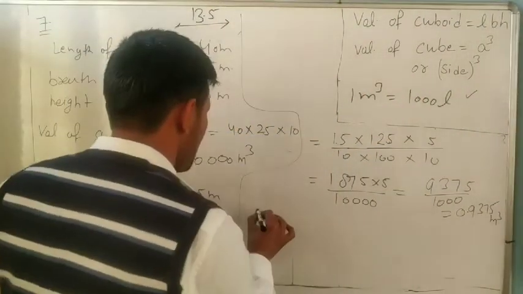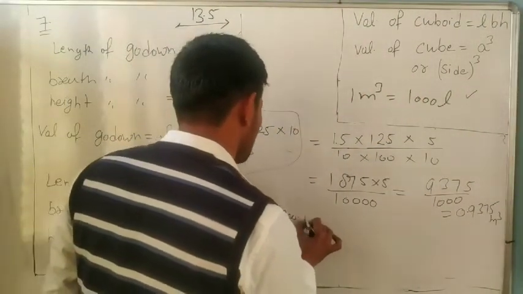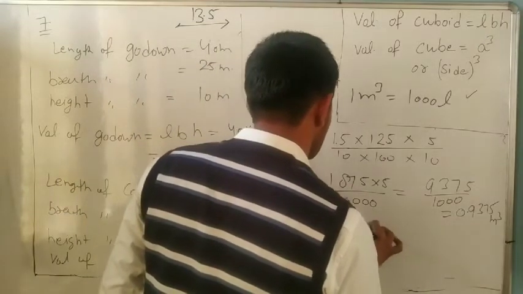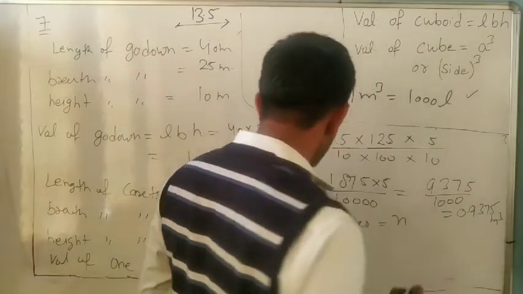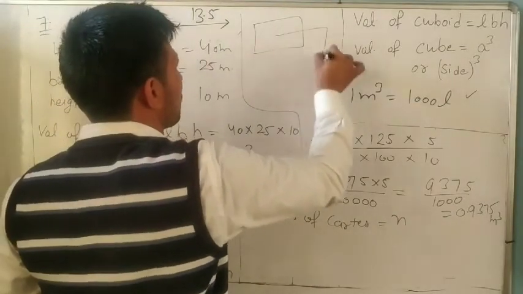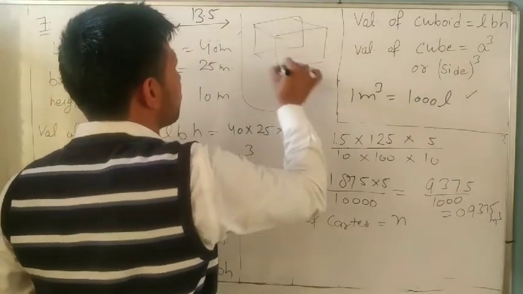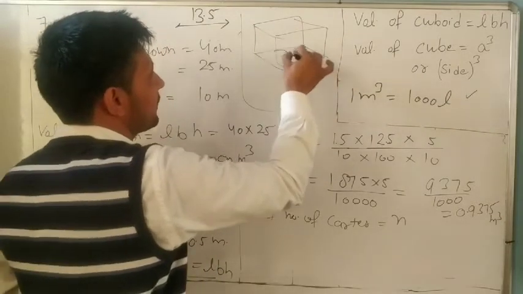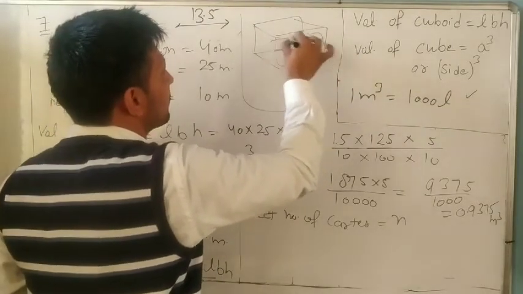But we have to find the number of carats, so let the number of carats be n. Everyone knows this is a small room and you want to put carats in it, and the room is filled.